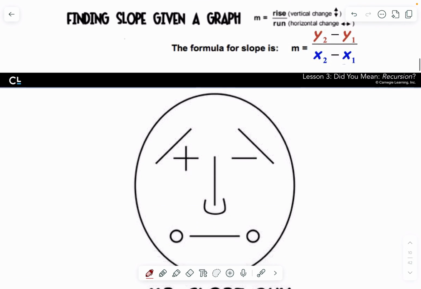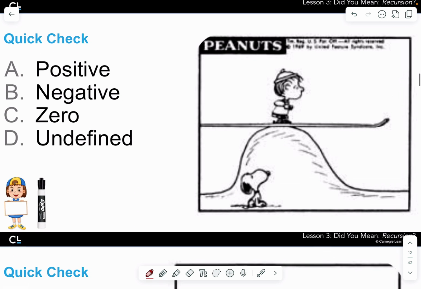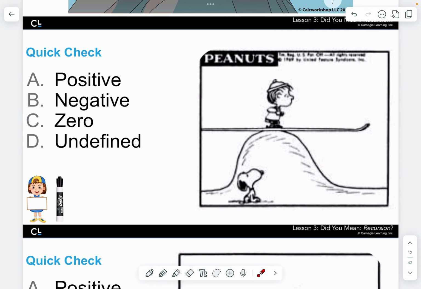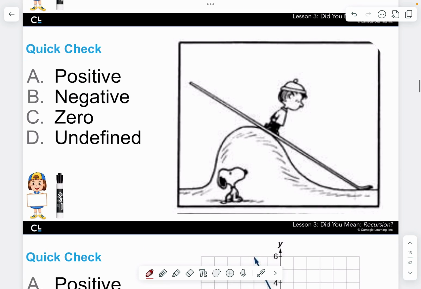Okay, so now we keep going. Right here, if my line is going left and right, would that be positive, negative, 0, or undefined? You should be using your notes. This would be 0. It makes a little z, 0. These are just a quick check for understanding, so there's not going to be any paper. Now if my line is going down, would that be positive, negative, 0, or undefined?